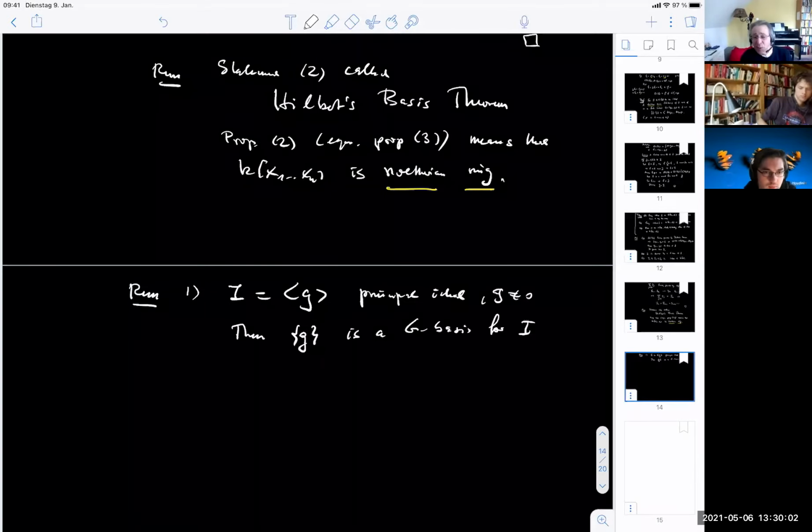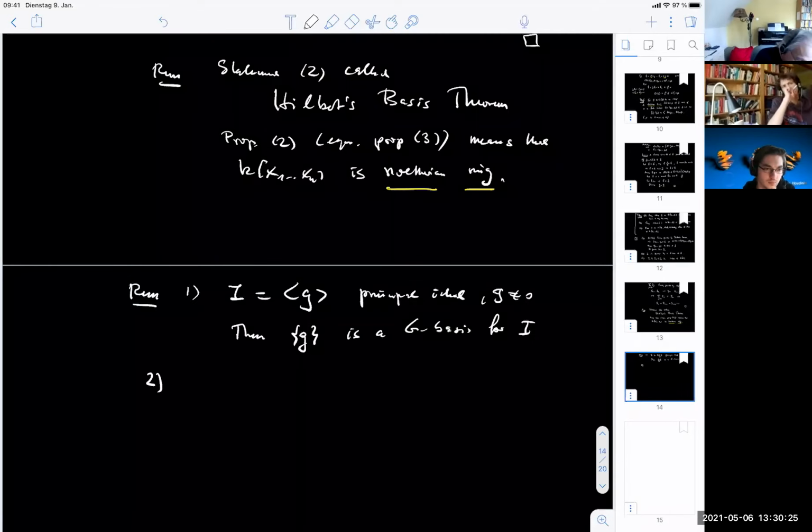So you see, if all the ideals were principal ideals, then life would be simple. We wouldn't need this concept. So this concept of the Gröbner basis only becomes relevant for ideals that are not principal. Another case is also trivial, but it's good to note.